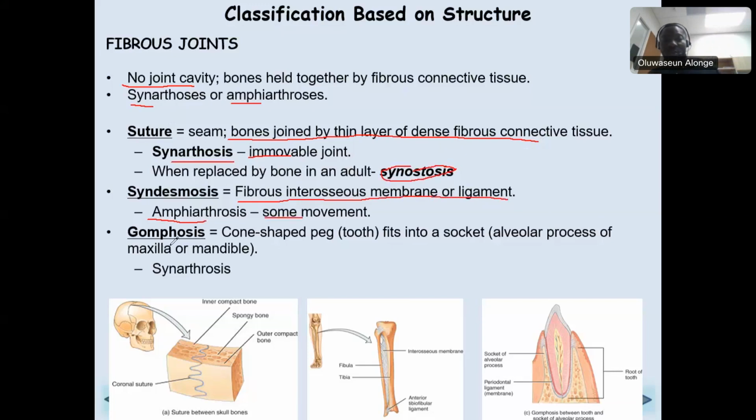We'll talk more about that. Gomphosis is when the tooth fits into the socket. Having the tooth fit into the tooth socket at the gingiva, that is gomphosis right there.